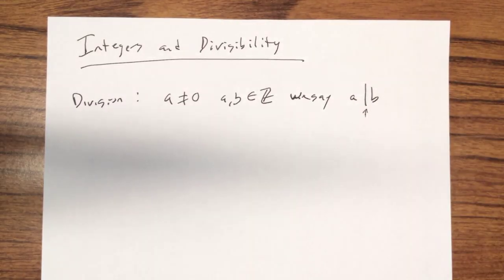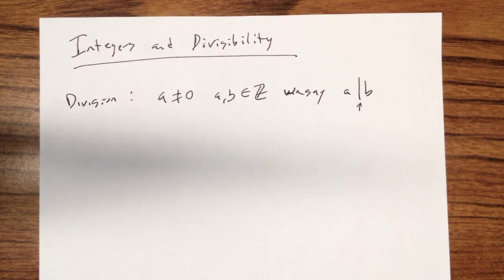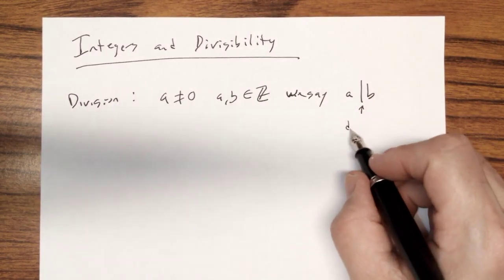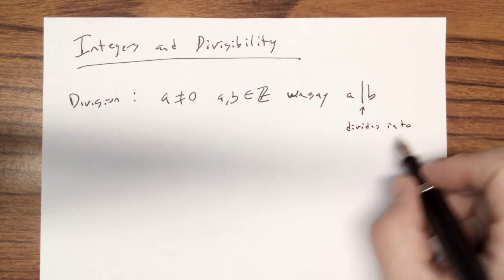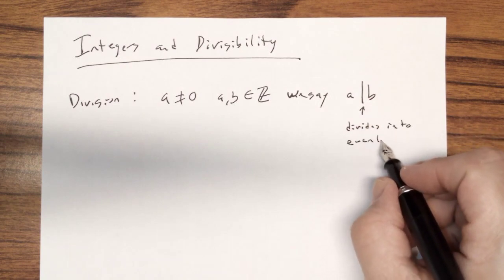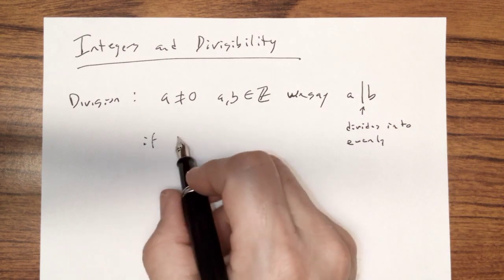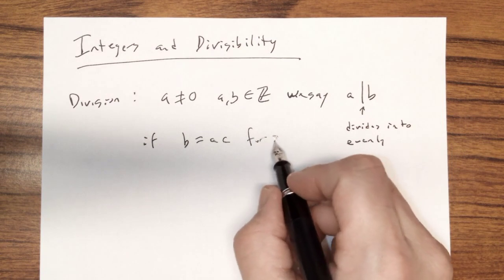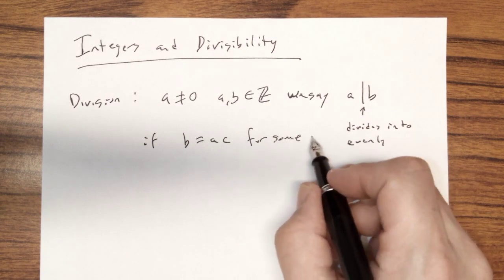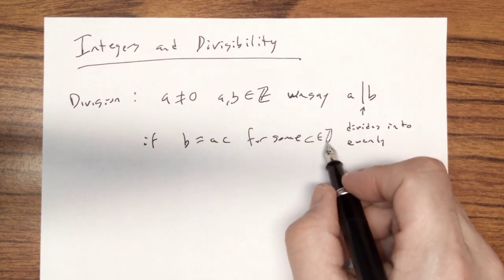That's what this vertical pipe symbol is going to be used for. That's divides into evenly. If B is equal to AC, for some C that's an integer.